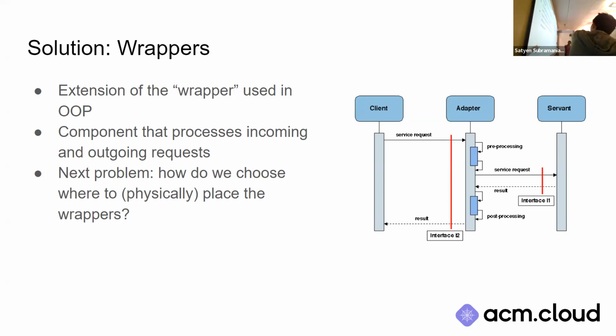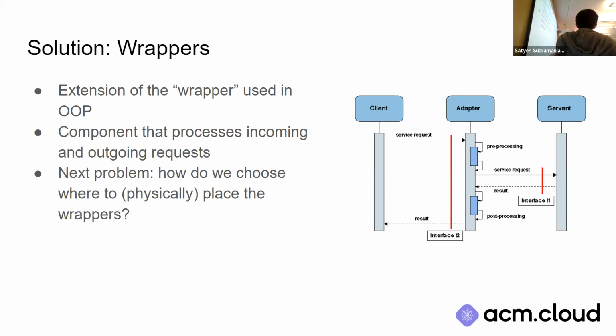And so from here, we see that our component that processes incoming requests, that request is getting pre-processed by our adapter, and then it's getting sent to the actual worker, which is going to be our legacy distributed system. And the result comes back, it gets translated again by our adapter, and then it gets sent back to the client.